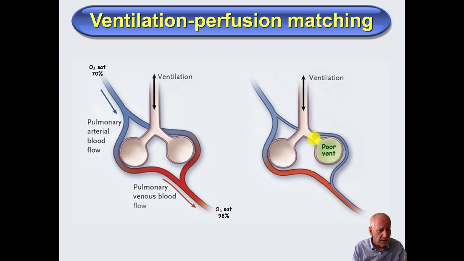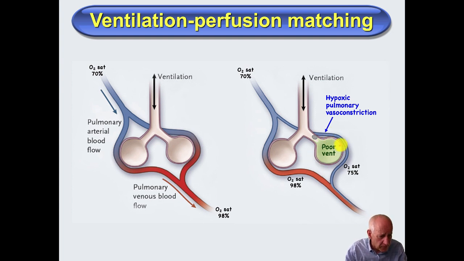Ventilation of this alveolus may be impaired by airway inflammation or mucus obstruction. In response to the local hypoxia surrounding this poorly ventilated alveolus, the arteriole will vasoconstrict and shunt away blood flow from this area. You will hear much more about ventilation perfusion matching, VQ matching, from Dr. Heinrich.